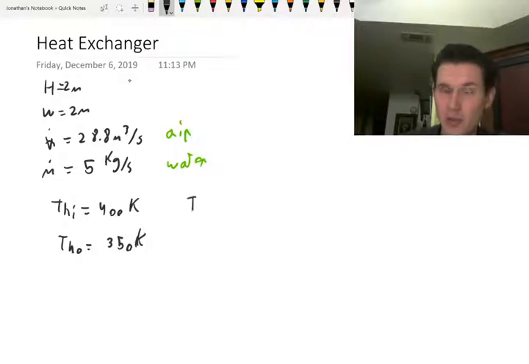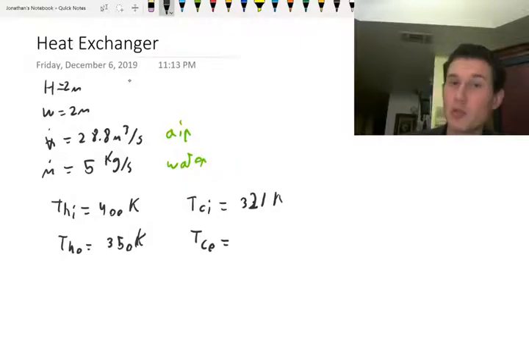So make sure to make a mental note what's hot and what's cold. Now our cold coming in is the air. That's going to be our cold. And that was 321 Kelvin. And then our cold going out, which we also measured, is 381 Kelvin.